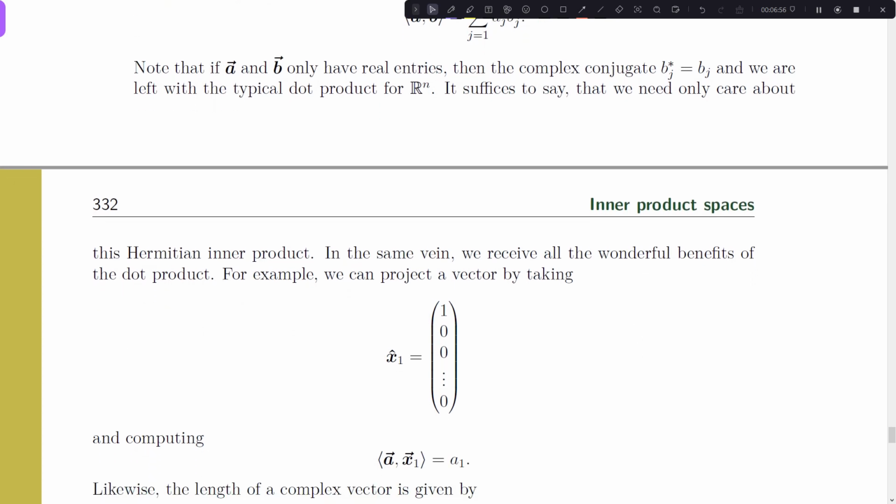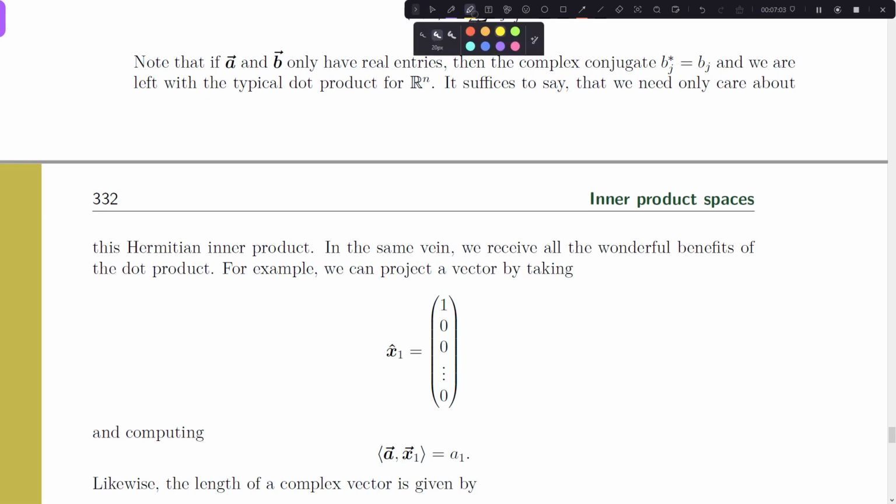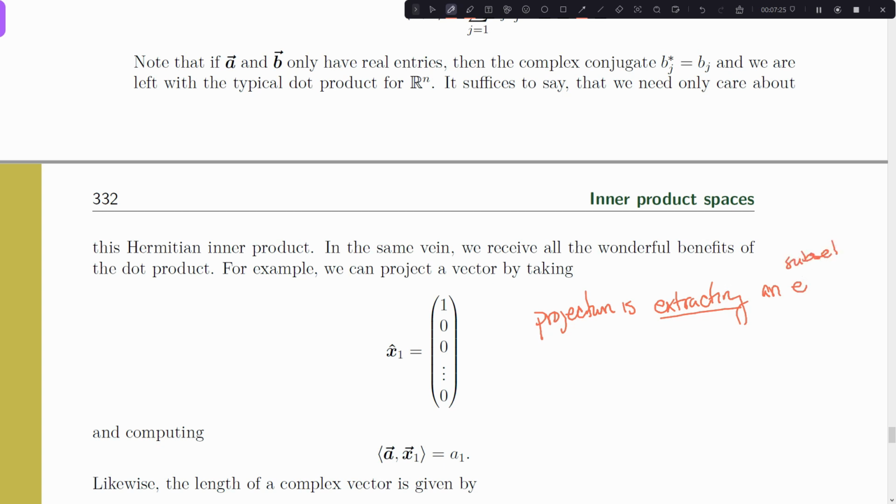Now, projections are very useful because they let us extract elements by way of dot products. A projection is extracting a subset of a vector by means of an inner product.